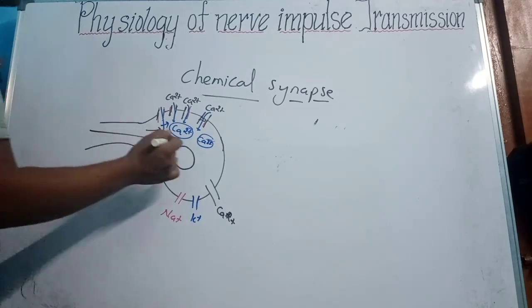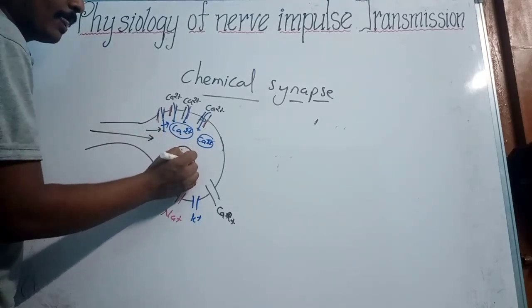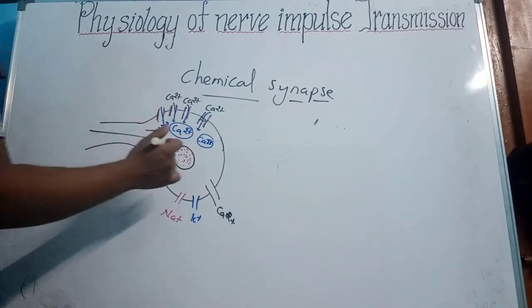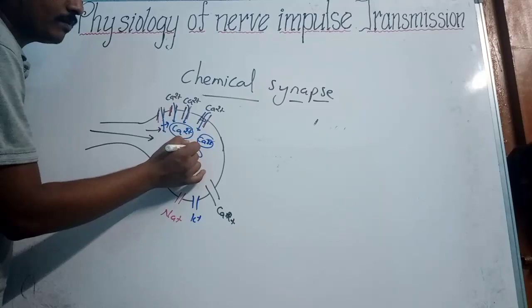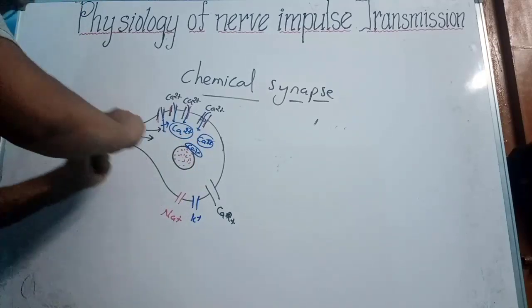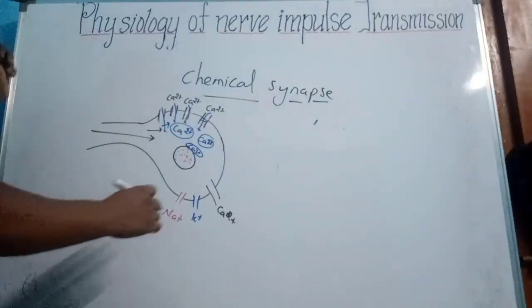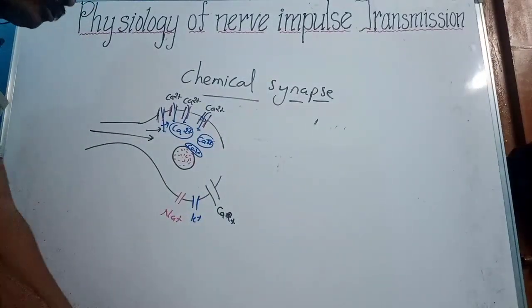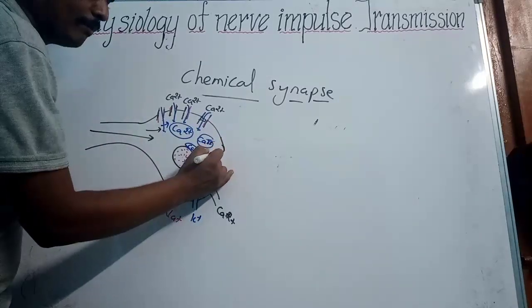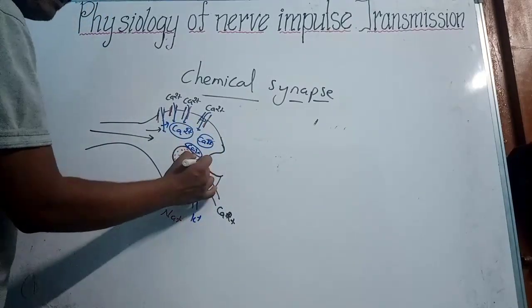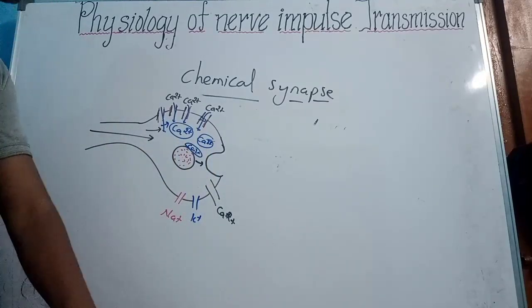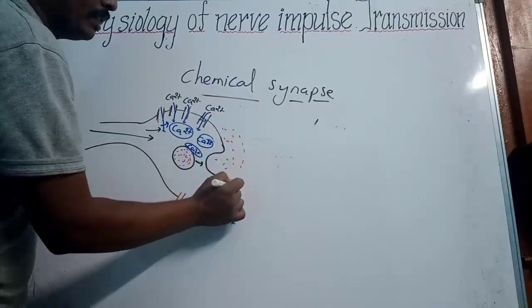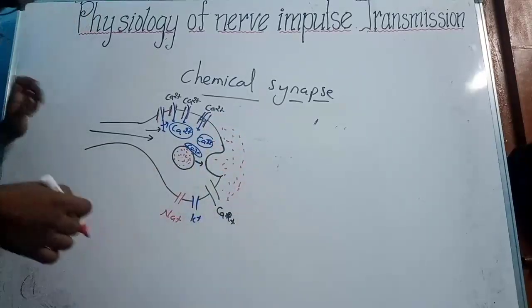The vesicles contain the special chemicals called neurotransmitters. The calciums bind with the synaptic vesicle and drag it to the membrane, making it fuse with the presynaptic membrane. Then the neurotransmitter is released into the gap between the presynaptic and postsynaptic membrane.